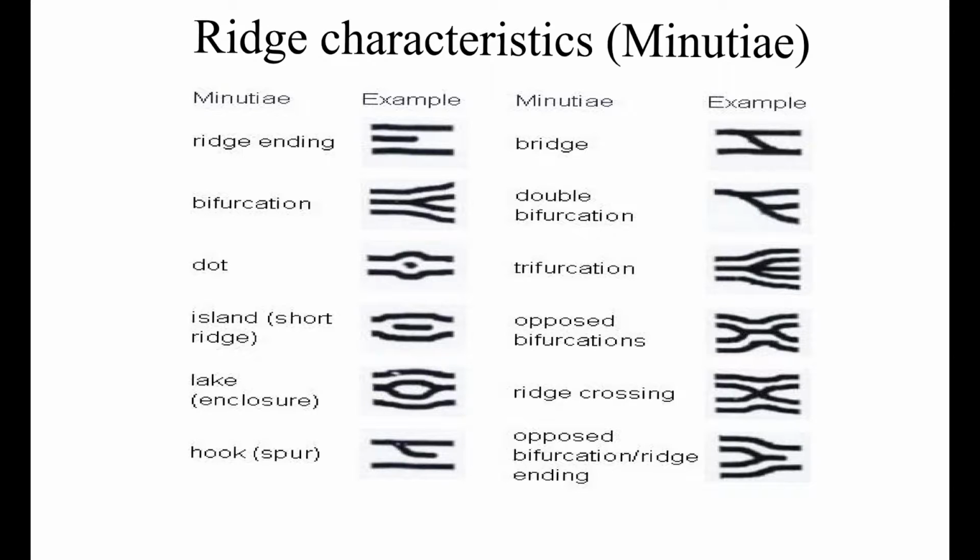I mentioned before that within your fingerprint pattern, we have all of these tiny little features or characteristics that we're going to use to analyze your print. This is the entire list of those characteristics. They're called ridge characteristics, or sometimes ridge minutiae, and there's several of them. A lot of them kind of match up with their names.